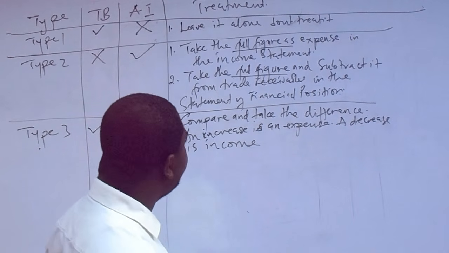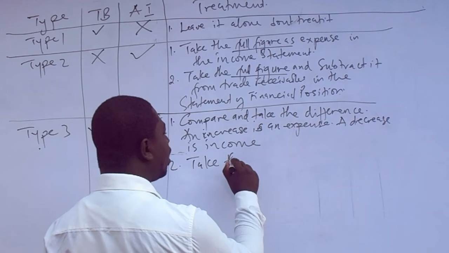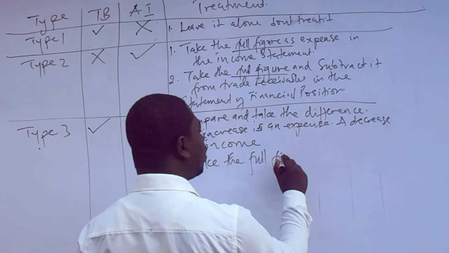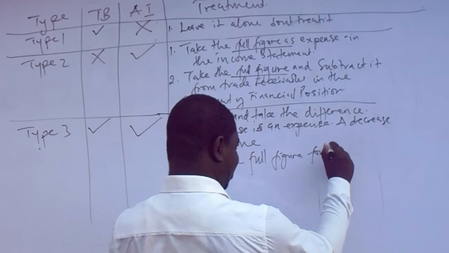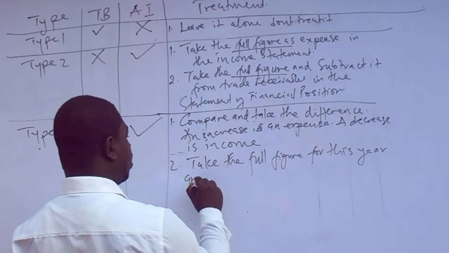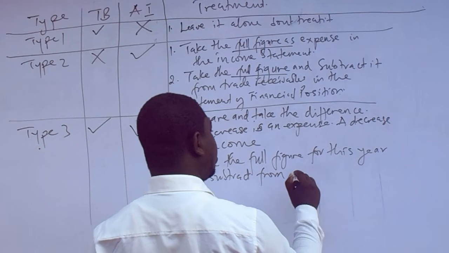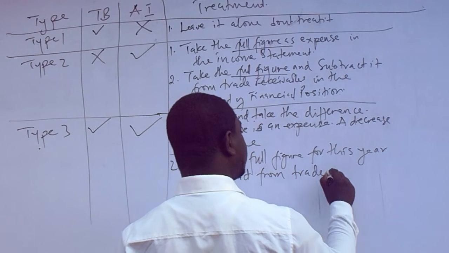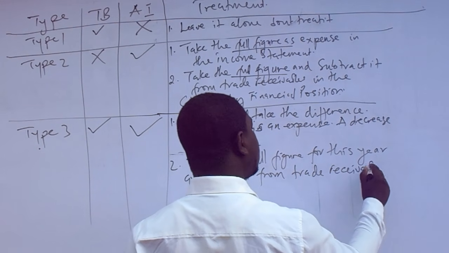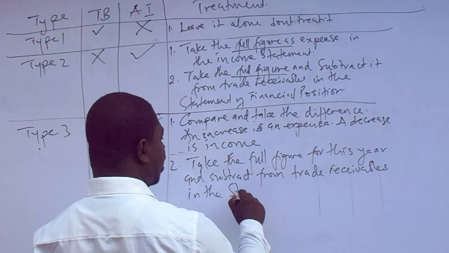And then the second treatment is that we take the full figure for this year and subtract from trade receivables in the statement of financial position.